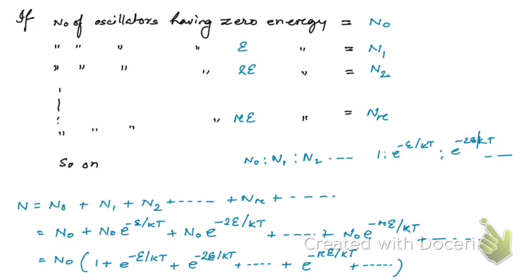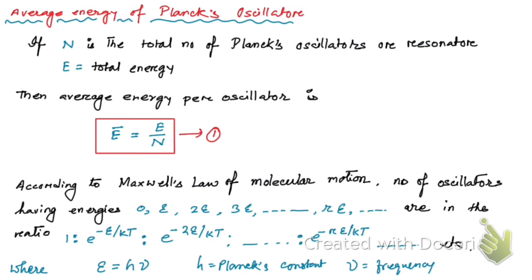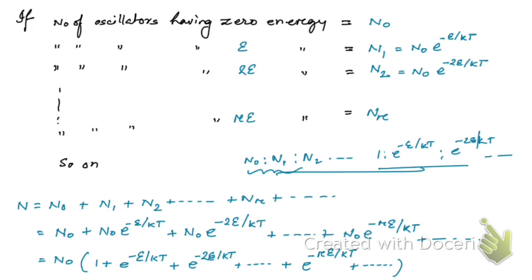That's why, as these numbers are in this ratio, N1 can be written as N0 times e to the power minus epsilon by kT. Similarly N2 can be written as N0 times e to the power minus 2 epsilon by kT, from this ratio as we have already mentioned. Hope you have understood this.